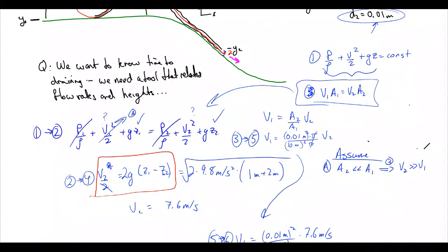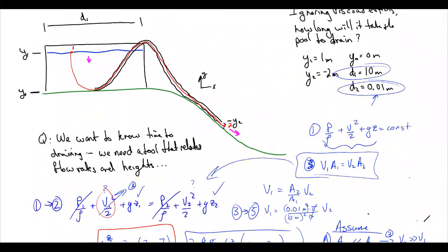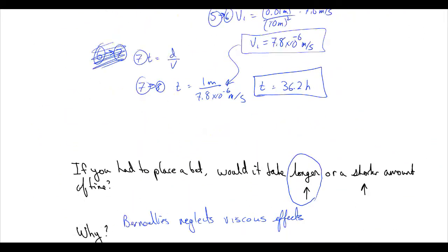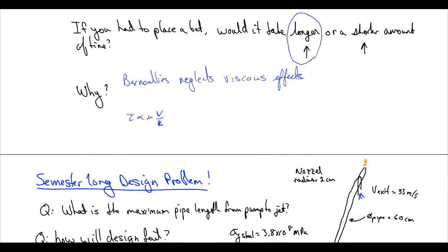Actually, we would solve for v1, sorry, v1, which is dh/dt, dy1/dt, and we would integrate that in order to solve for the actual time it would take. That's actually a really good problem. We should do that sometime.